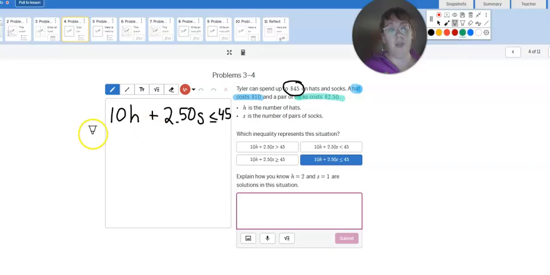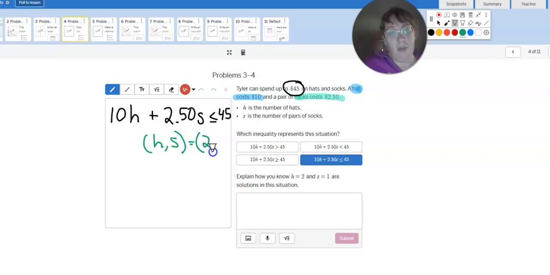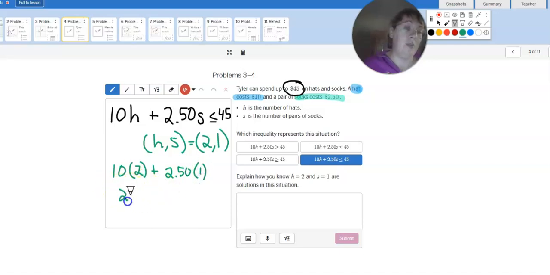And for part 2, it says explain how you know that H comma S here, where our hat is 2 and our sock is 1. So we're plugging in 2 for H and 1 for S. 2 times 10 is 20. 2.50 times 1 is 2.50.